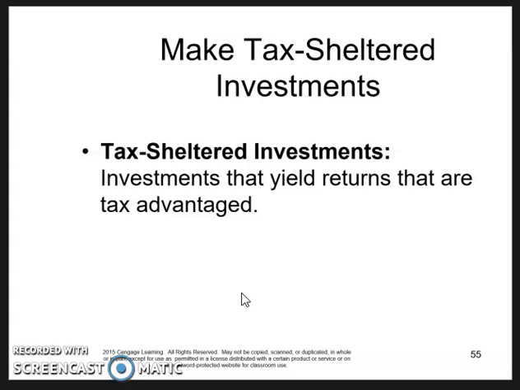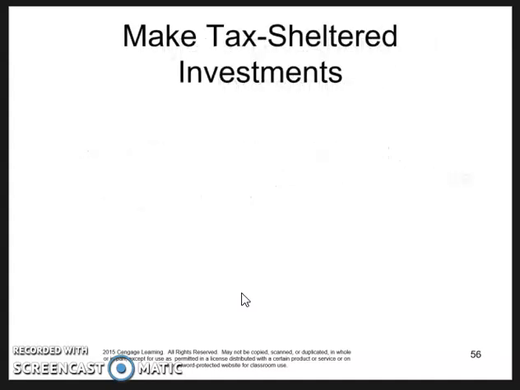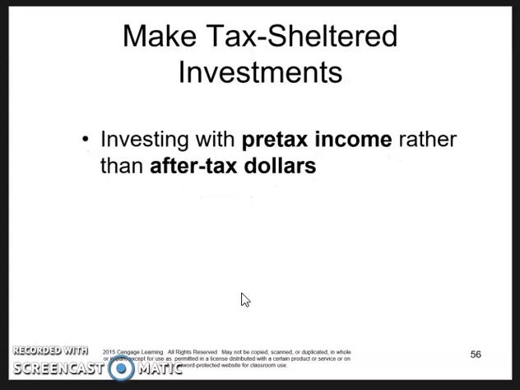Tax shelter investments earn yields that are tax advantaged, meaning if you have money in your retirement plan that's earning income, you're not going to pay taxes on that until you withdraw it. The same in an IRA as well, or traditional IRA. So tax shelter investments, we're talking about investing with pre-tax income rather than after-tax dollars.